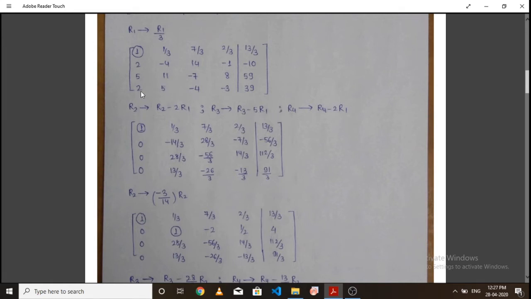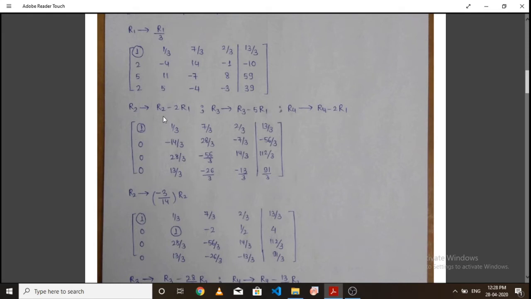And to convert this 2, I am using R4 going to R4 minus twice of R1. After applying these row operations, the matrix gets transformed to this type of matrix. Since we are making changes in R2, R3 and R4, R1 remains unchanged. So we can clearly see we are done with column number 1.